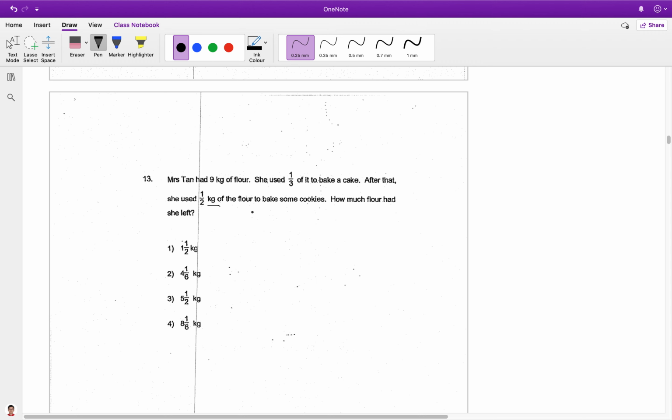So here we see the tricky part: it's a mixture of a ratio and a number. Here is a ratio, and here is 1/2 kg, so they are different. Here 9 kg, use 1/3. What's left? Well, 9 times 2/3 is left, which is 6 kg left.